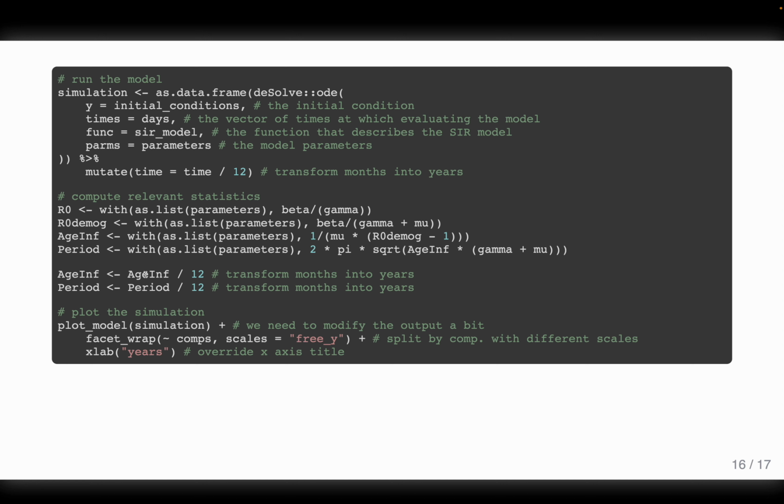Again, since we are working with months, we need to transform these parameters into years, so we divide both of them by 12, and then we can plot the results.